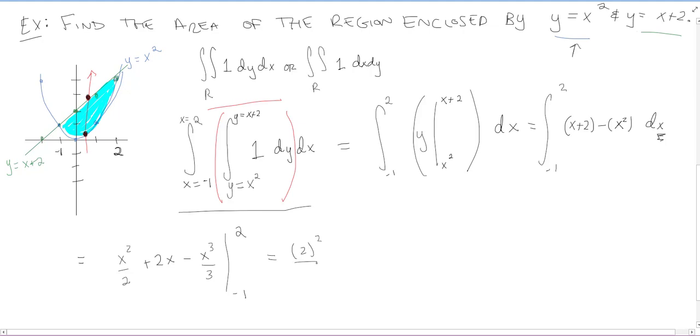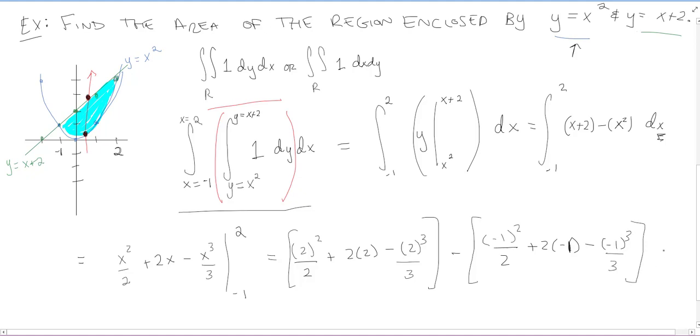So 2 squared over 2 plus 2 times 2 minus 2 cubed over 3, and we subtract plugging in -1. So (-1) squared over 2 plus 2 times -1, that's a -2, minus (-1) cubed over 3, and if you simplify that, you will end up getting 9/2, or 4.5, and so that is the area of our highlighted region.